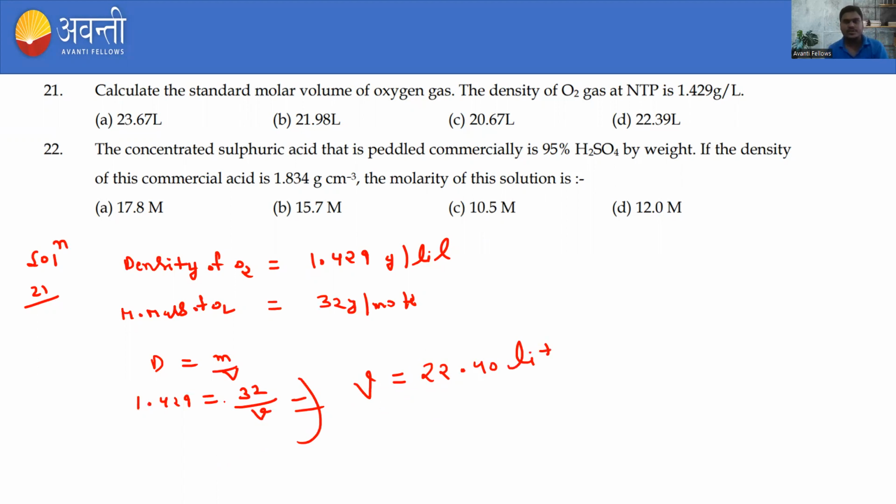Hence the standard molar volume of the gas O2 is 22.4 liter, so option D is absolutely correct.